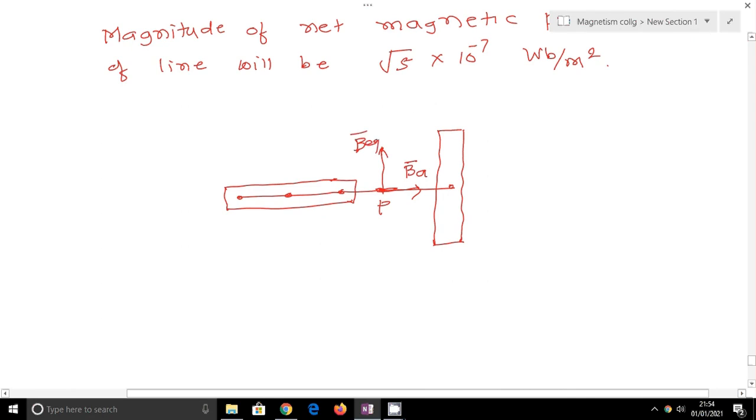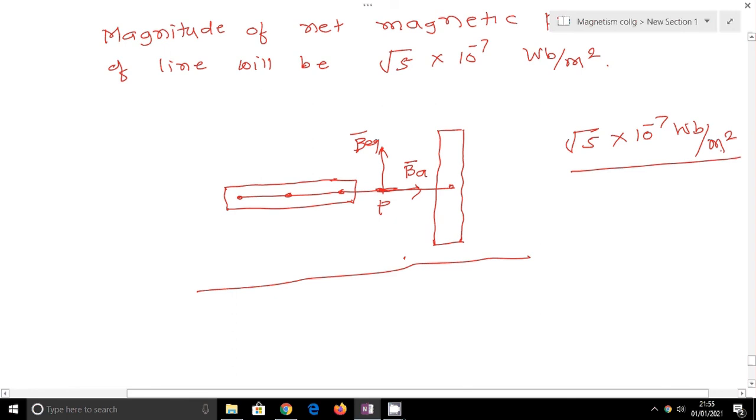If we draw the diagram this way and solve it, we also get the same answer, root 5 into 10 raised to minus 7 Weber per meter square. Either way you can draw the diagram, this one or the previous one, and we get the same answer.